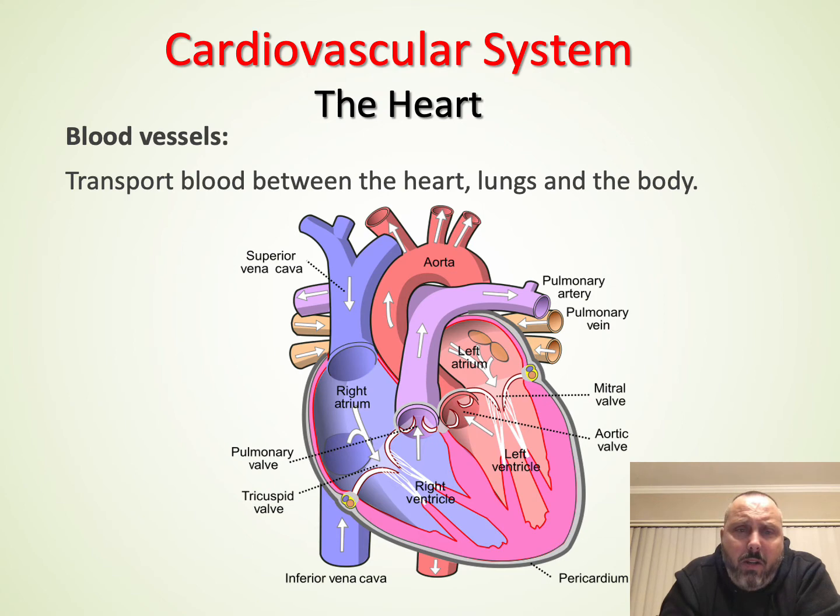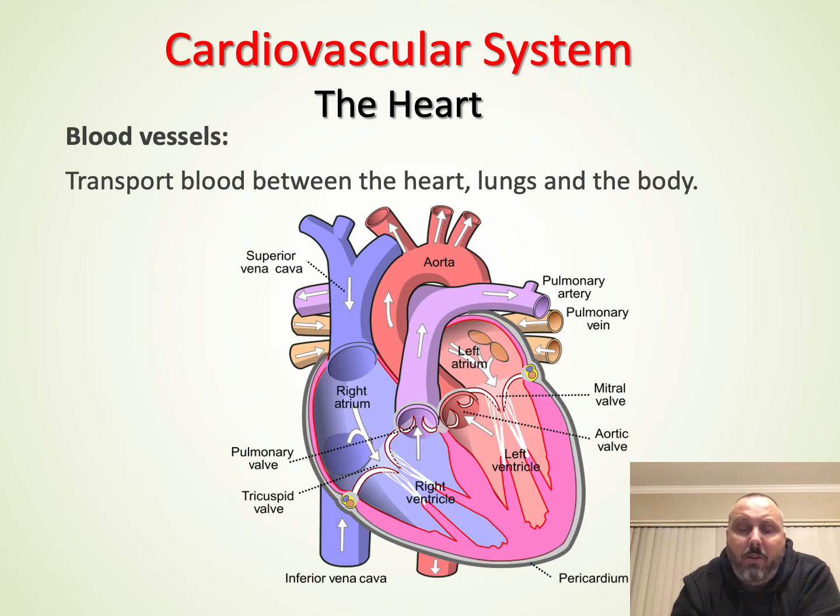The first one is the pulmonary artery that comes from the right ventricle and takes blood to the lungs. Okay, so that's really important. It goes from the right ventricle up there, splits into two separate arteries. One goes to the left lung and one goes to the right lung, taking that deoxygenated blood to the lungs to be oxygenated and then transported back.